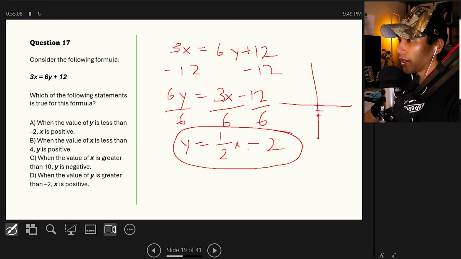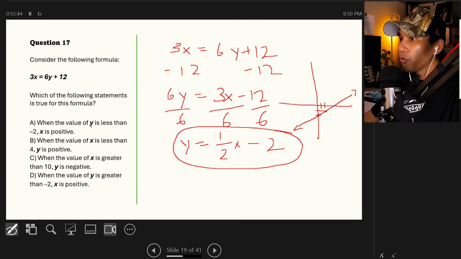And then 1/2 x is rise over run, right? You rise by 1, and then you go over to the right 2 because it's a positive slope. So 1, 2, and just put our point right there. Now I'm going to draw a nice straight line, right? So this is how I was taught how to do this.